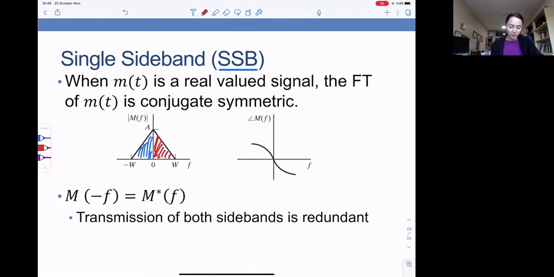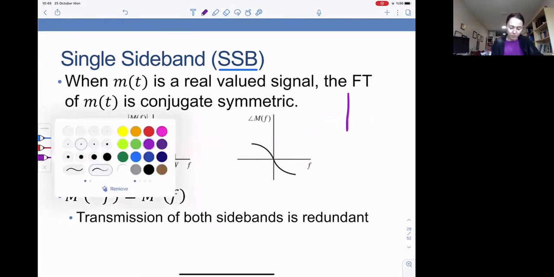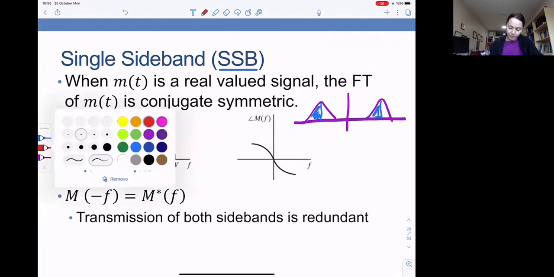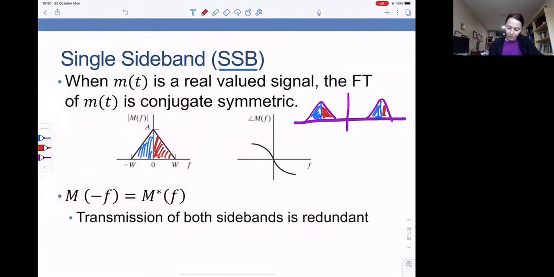When we modulate with double sideband, we put the signal, the blue and the red parts, okay, essentially, the blue and the red parts repeat.